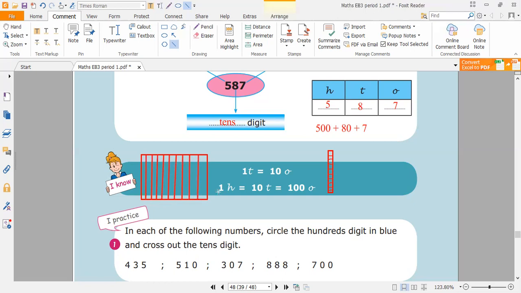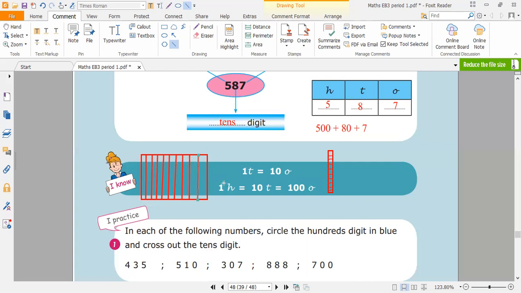So each 100 has 10 tens, 10 rods, and has 100 ones, because here I have 10, 20, 30, 40, 50, 60, 70, 80, 90, and 100.